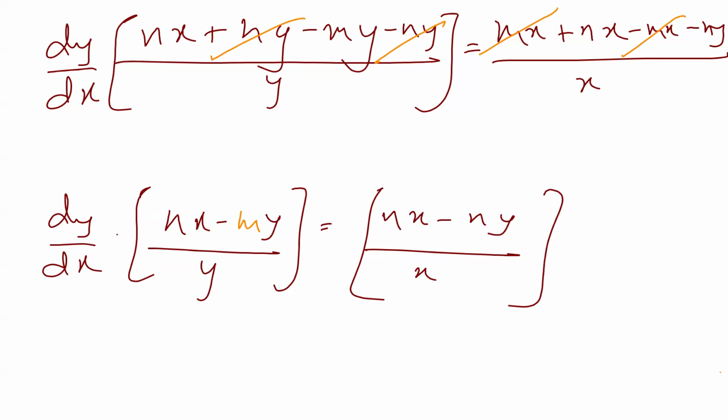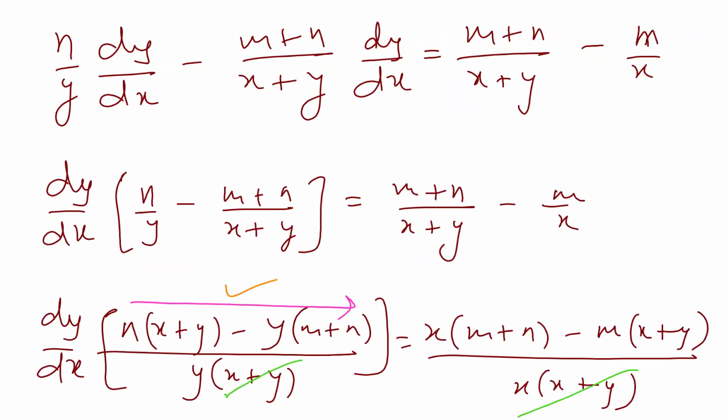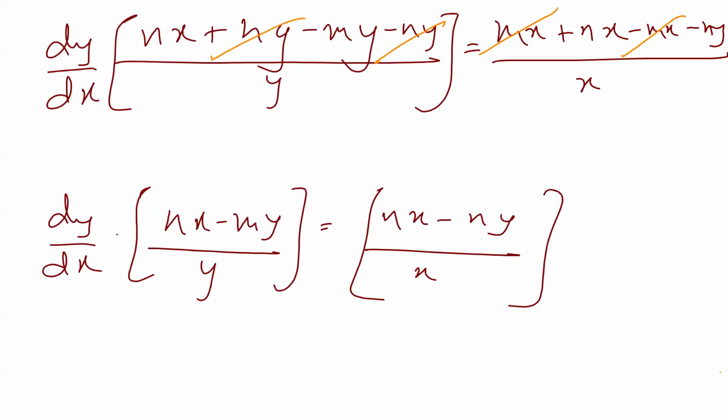Okay, and the right hand side I'll just check: mx plus nx, mx plus nx minus mx minus my. So here also I made an error in copy, minus my.